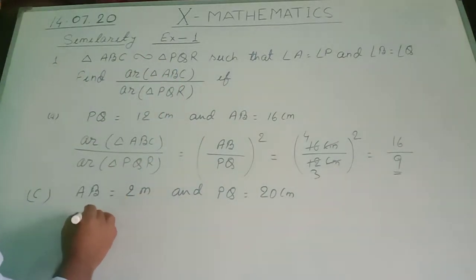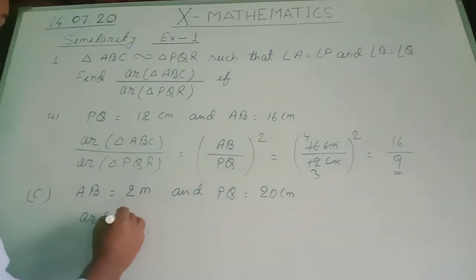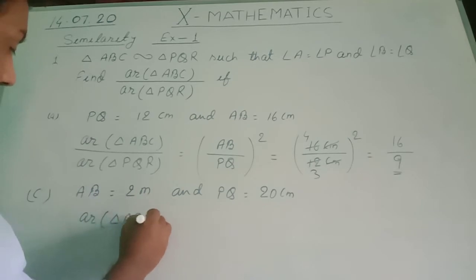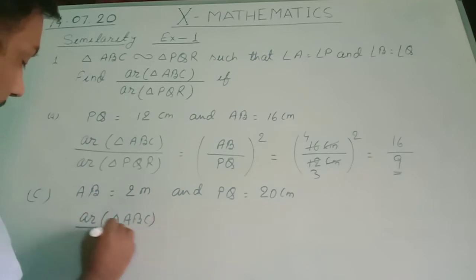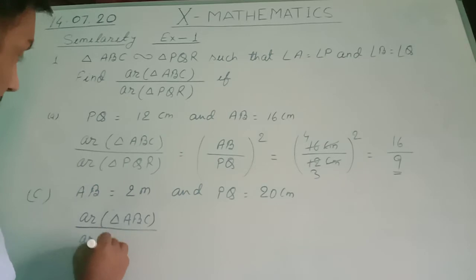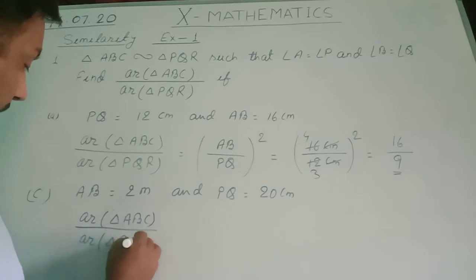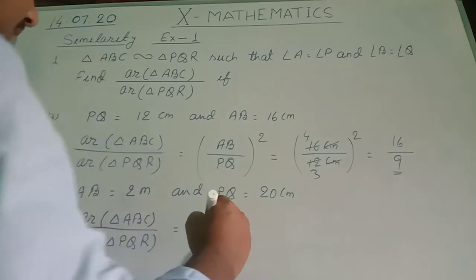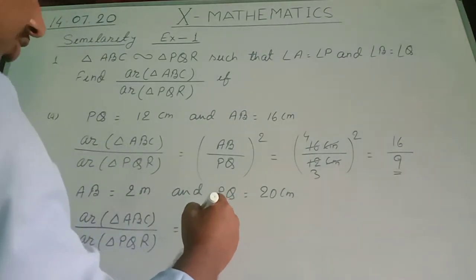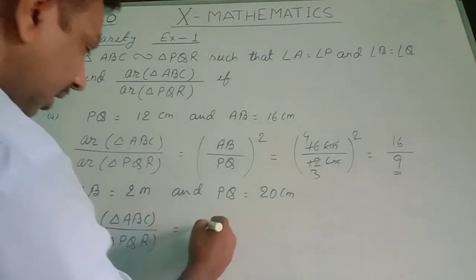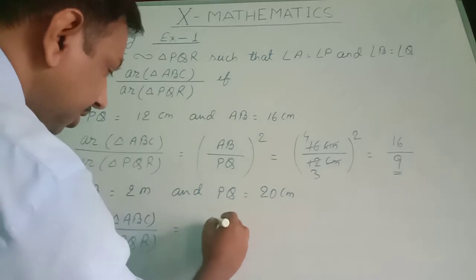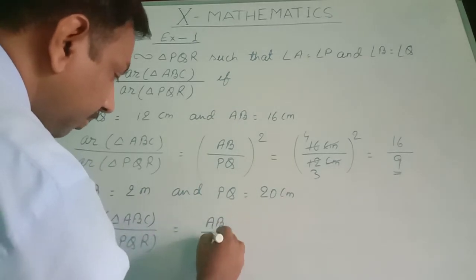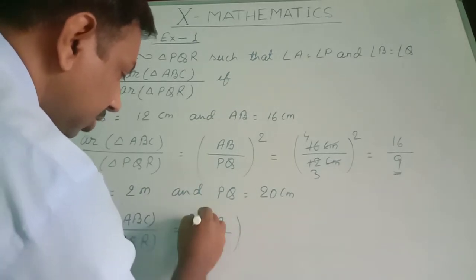We write area of triangle ABC by area of triangle PQR equal to the square of the ratio of their corresponding sides, AB by PQ, square of this.